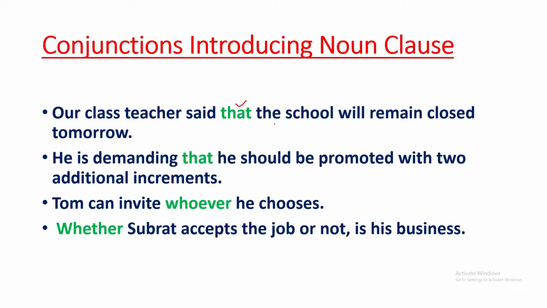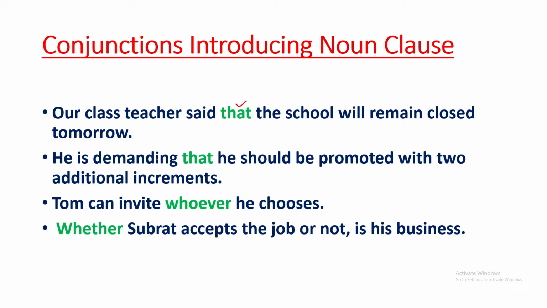The school will remain closed tomorrow functions as a noun because it is one statement. So this subordinating clause is one noun clause. I mean the subordinating conjunction that is introducing a noun clause.